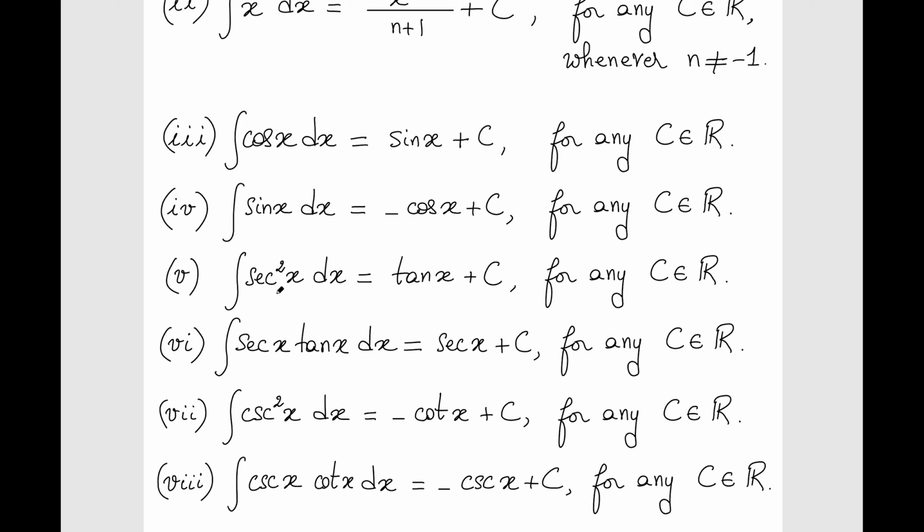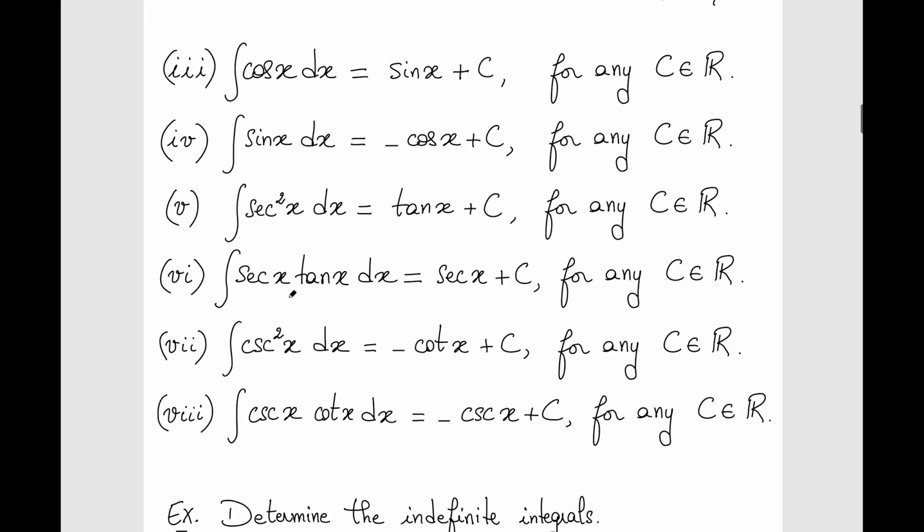So this list of properties can be shown immediately, and it's just the backward direction of reading it for differentiation. All right, primitive of sec squared. What's a function that if you differentiate, you get sec squared? Well, if you take one moment to think about this, this is tangent. And if you add an arbitrary constant, you pick up the most general antiderivative of secant squared. All right, primitive of sec x tan x.